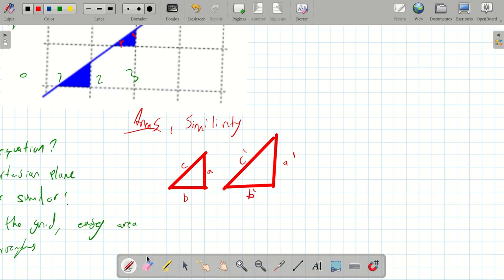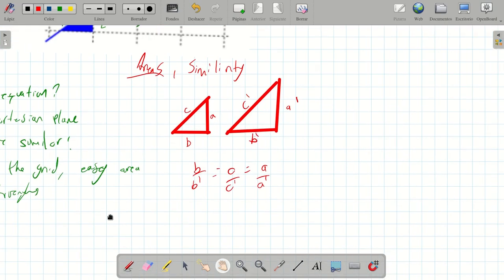And similarity means that the corresponding sides of the triangles are in proportion. It means that B over B prime is equal to C over C prime is equal to A over A prime.